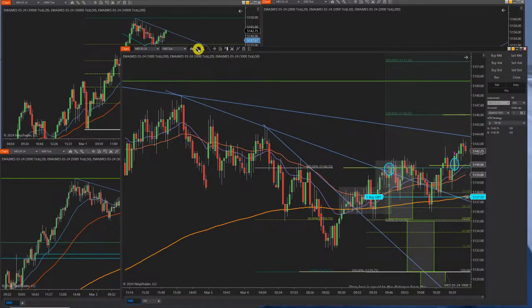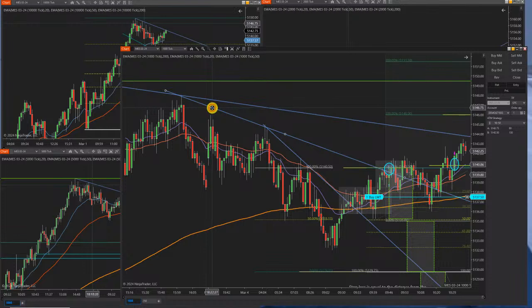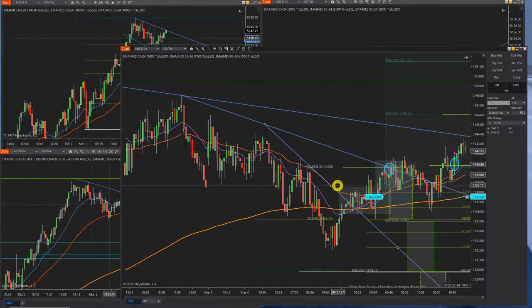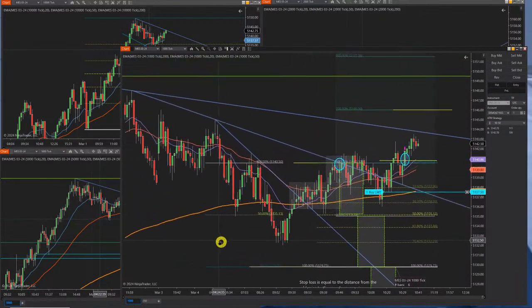If I would have waited, I got to be more patient about my entries, but if I need to get in a trade because I think it's going to take off without me, then I have to be able to go in smaller and be willing for it to drop down into an area where I can add.